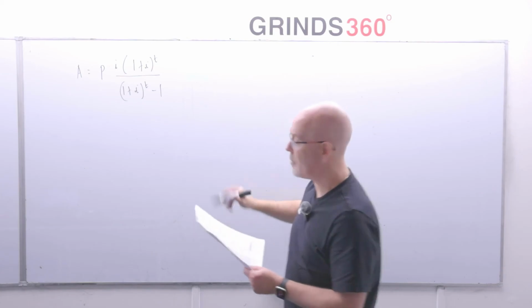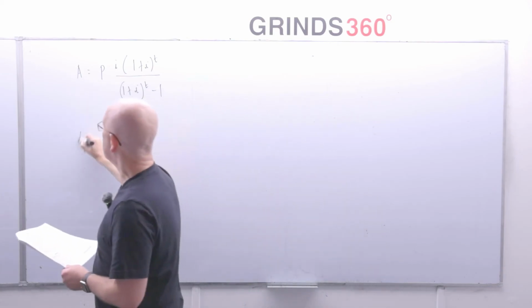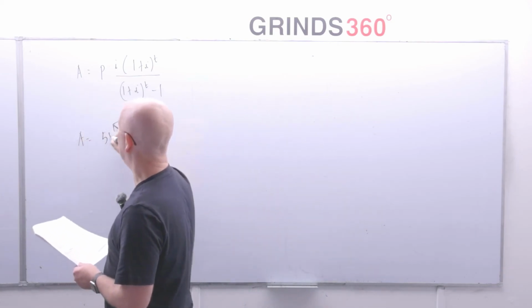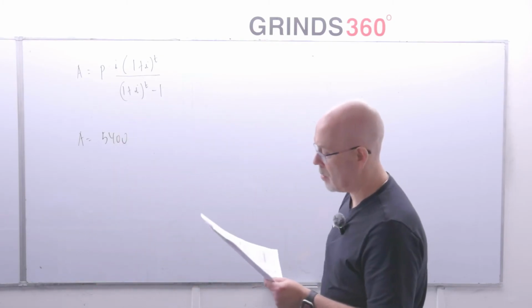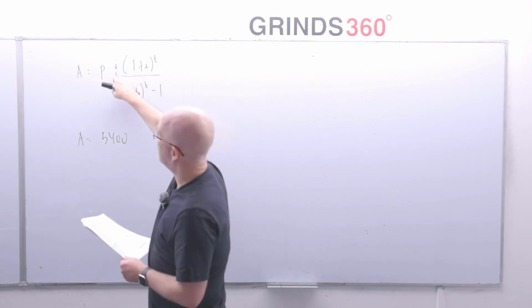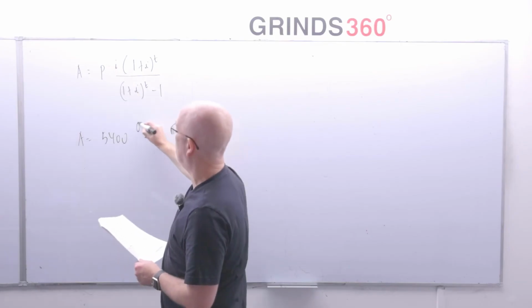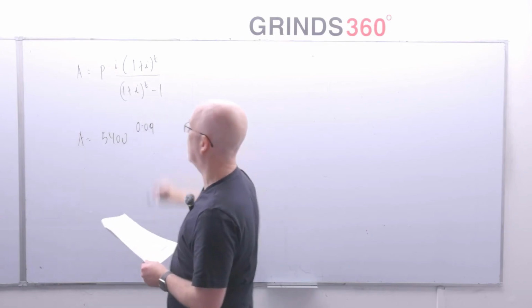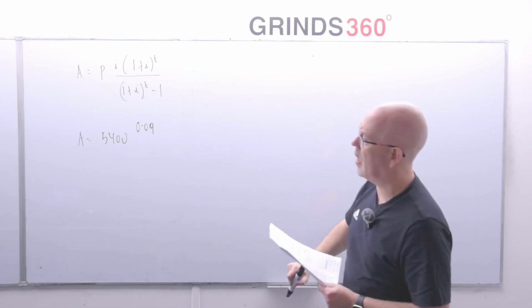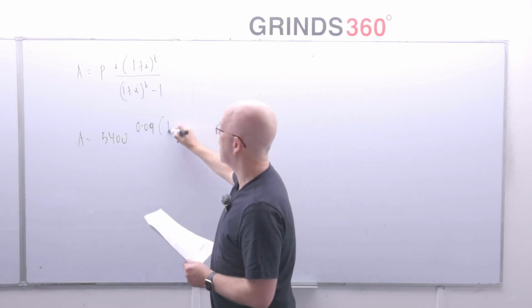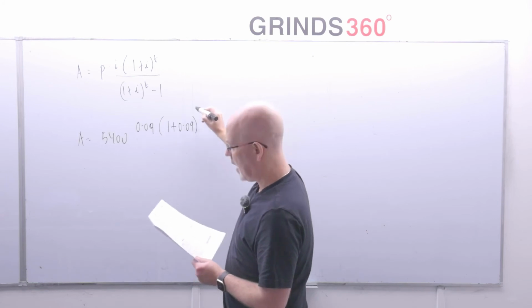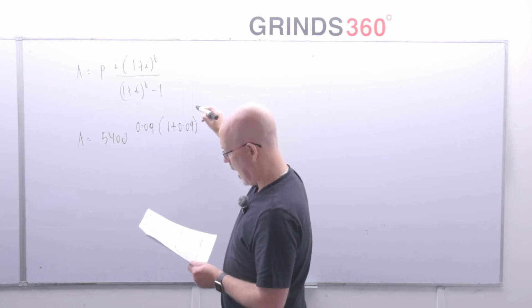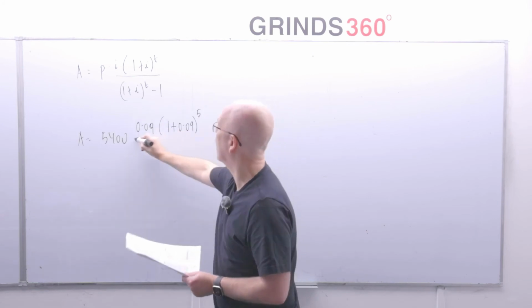So in this case, to find A, we just say A is equal to, well, the amount he borrowed, P, is 5,400. Remember, I is the interest rate as a decimal, so 9% is 0.09. Divide 9 by 100. 1 plus I is 1 plus 0.09, to the power of T. It's every year for 5 years, so T is 5.